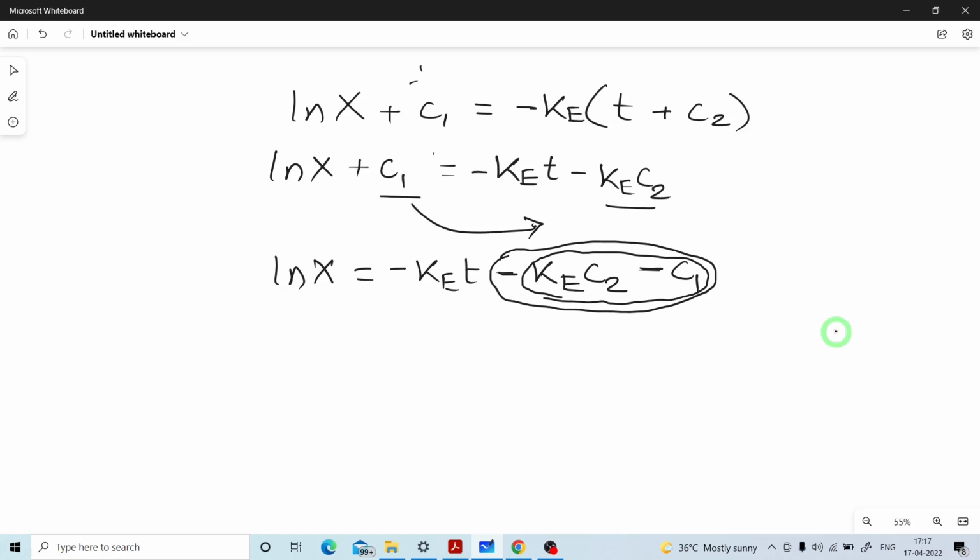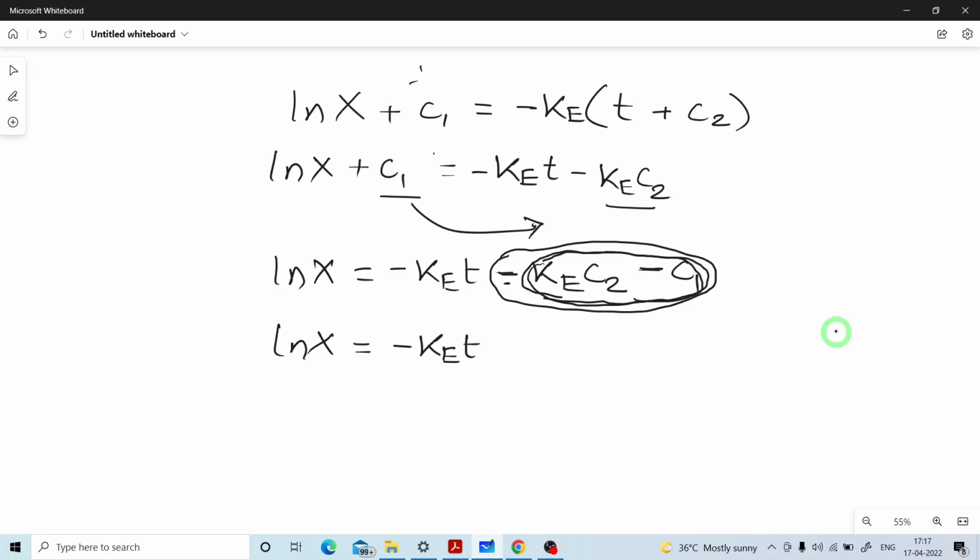That is what we can call it. So if this entire term, this ke C2 minus C1, is clubbed together, then we will get one constant that is capital I. So I can rewrite the equation as natural log of x is equal to minus ke t.